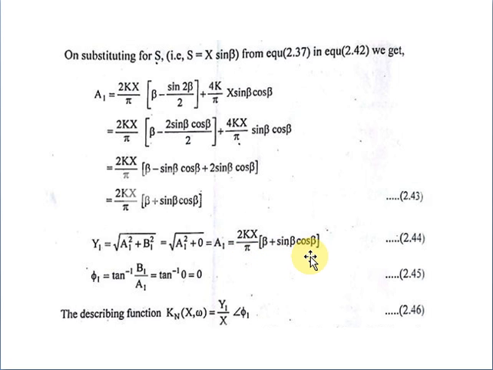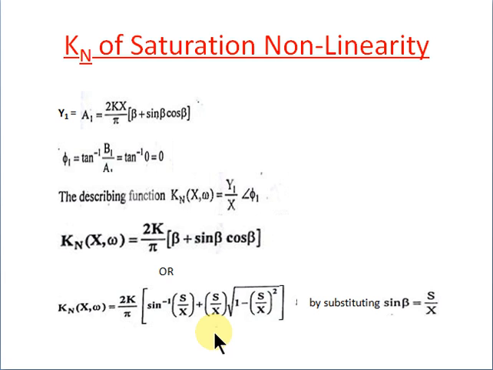Therefore describing function is equal to y1 by x angle phi1. We know that y1 equals a1, that is equals 2kx by pi into beta plus sin beta cos beta, and phi1 equals tan inverse b1 by a1, that b1 equals 0, that is phi1 equals 0.